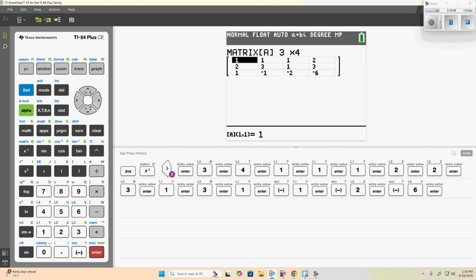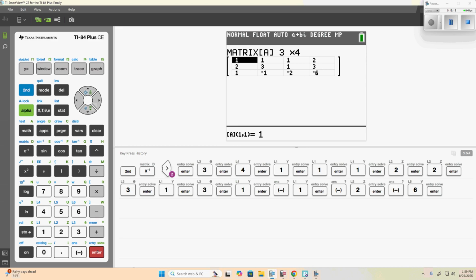Now, if you type the minus sign instead of the negative sign, it will throw an error. You have to use the negative button, not the minus. Now, y'all's calculators will not show this entire matrix as a whole. It'll show you 3 by 3, and it'll scroll over to the 4th column.